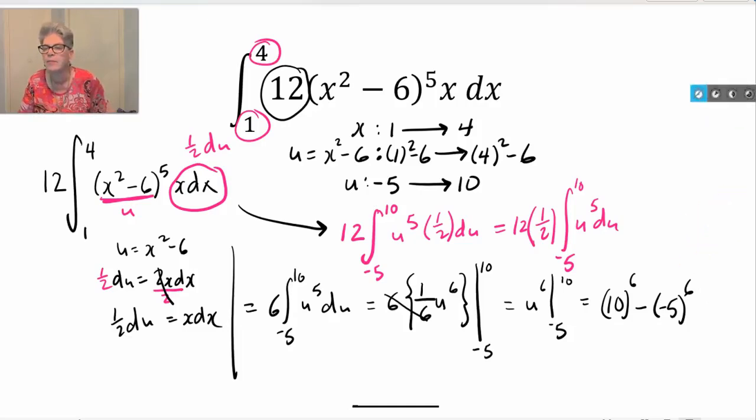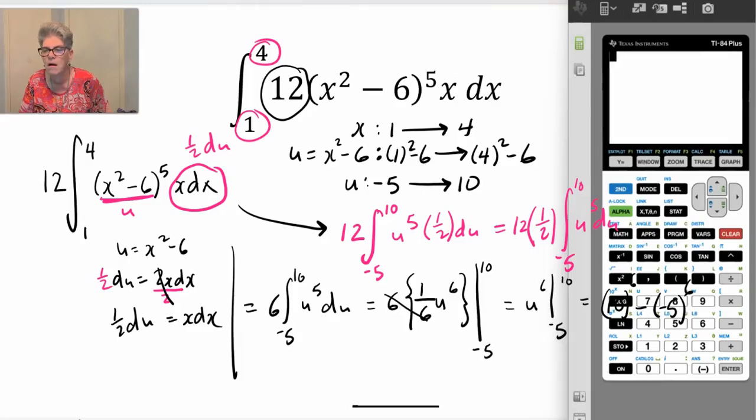And at that point, I would probably just let the calculator do it. Okay, let me just write that out here. 10 to the 6th minus -5 to the 6th.